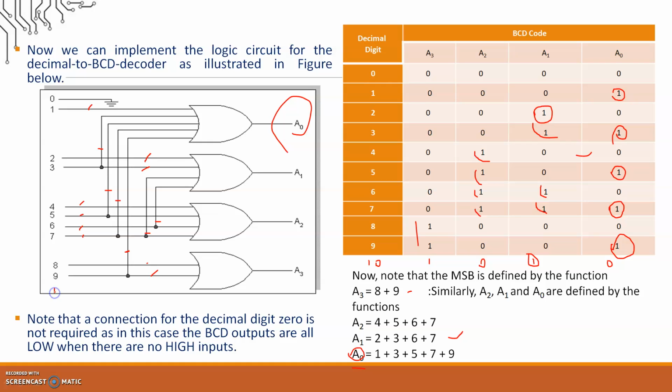I have a value 10. The value 10, input 10, will be connected to A3 and also to A1, right? So it will be connected to A1.